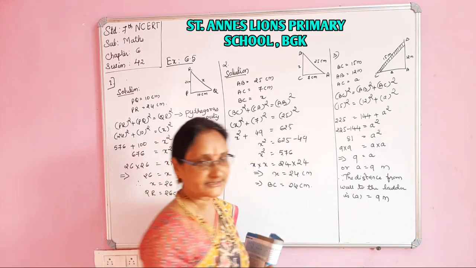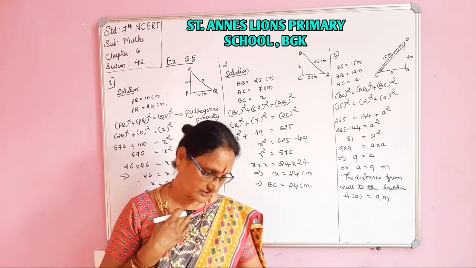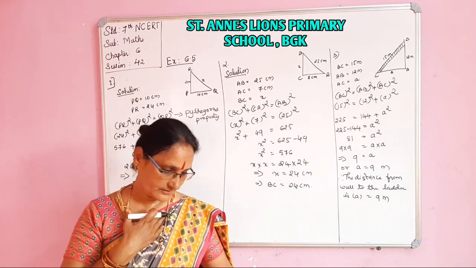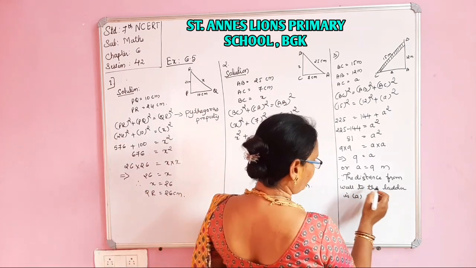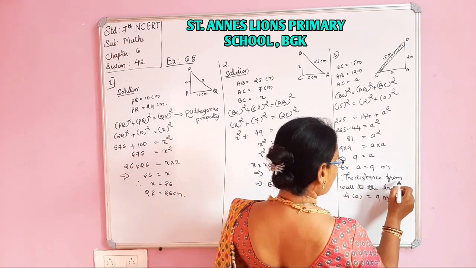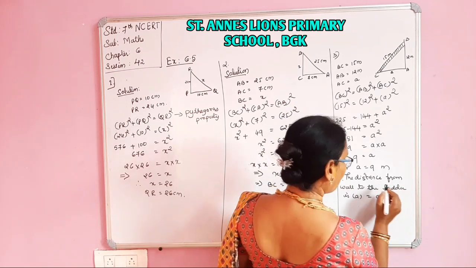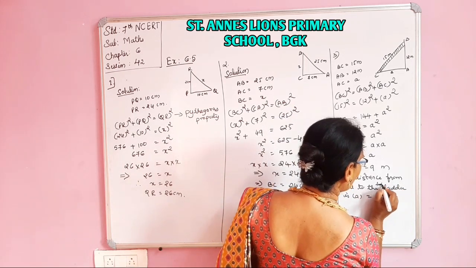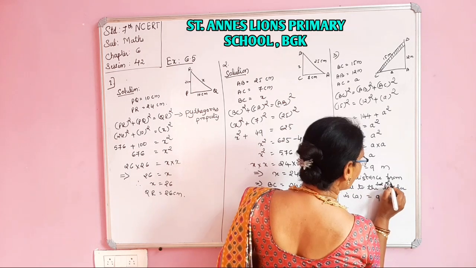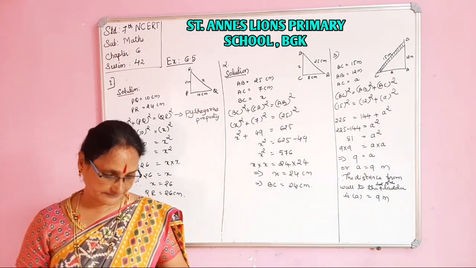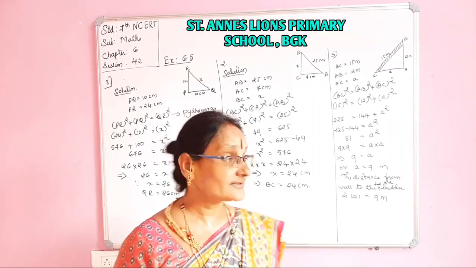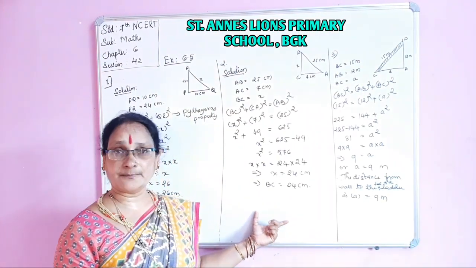The ladder is kept at a 9 meter distance. Or you can take it as the foot of the ladder. The distance from the wall to the foot of the ladder is 9 meter. Okay students, up to the third main I completed now.